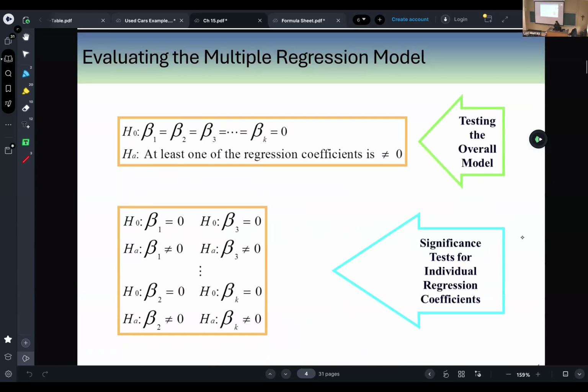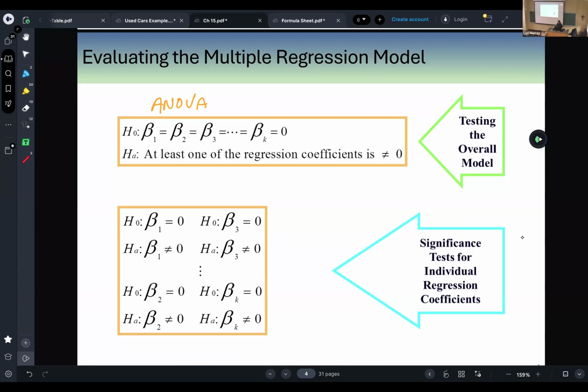All right. And then evaluating the whole model, this is the ANOVA. This would be the overall ANOVA, right here. That's when you're testing if all of the coefficients equal 0 globally, all at once. And the alternative is that at least one of them is not equal to 0. Okay.